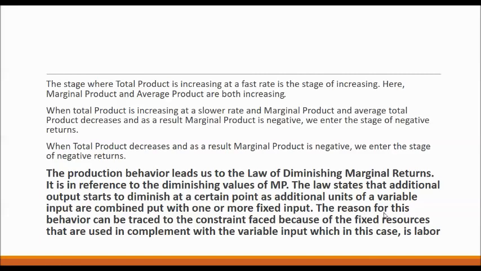The reason for this behavior can be traced to the constraint phase because of the fixed resources that are used in complement with the variable input, in this case, which is labor.